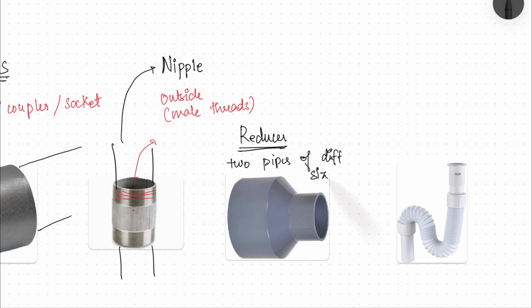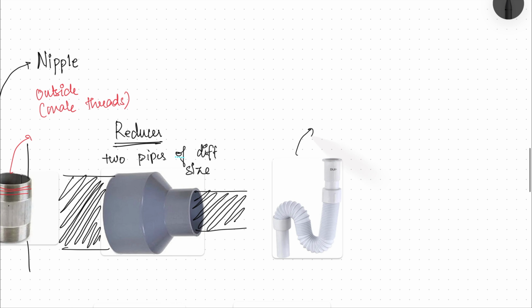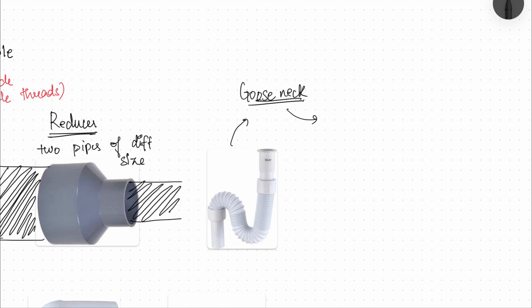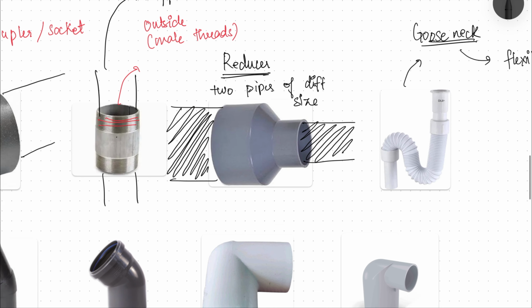So here you have one pipe, and here this is a much bigger pipe. Then this is called a gooseneck. A gooseneck is a flexible pipe that can bend in any way, and it's usually used in wash basins, sinks, and other places.